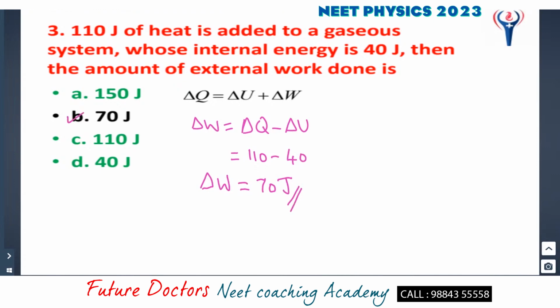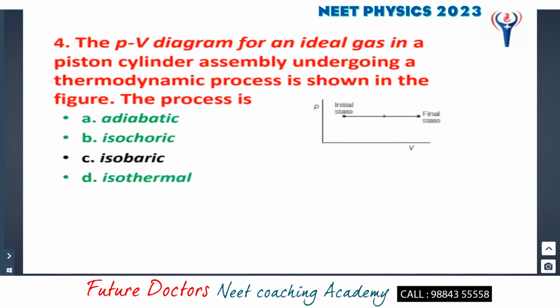Let's move to question number 4. The PV diagram for an ideal gas in a piston cylinder assembly undergoing a thermodynamic process is shown in the figure. The process is dash. That is a PV diagram, pressure with respect to volume. Volume is changing from V1 to V2, increasing volume.